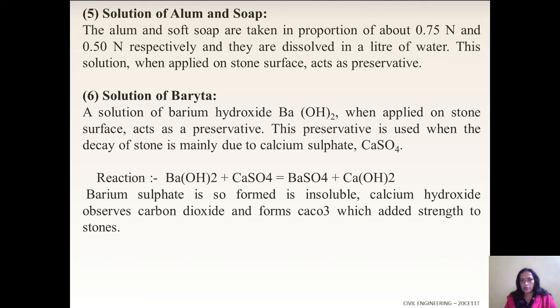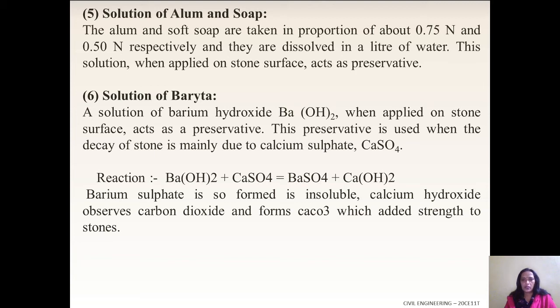The other solution can be a solution of baryta. Baryta is barium hydroxide, and it is used when the decay of stone is due to calcium sulfate. When it reacts with the calcium sulfate, it forms barium sulfate and calcium hydroxide.